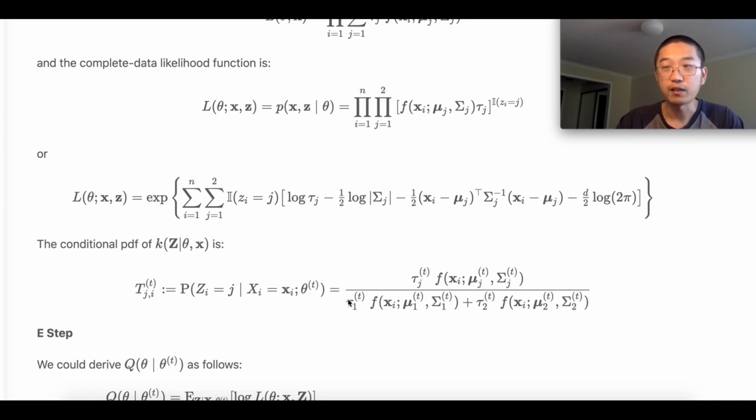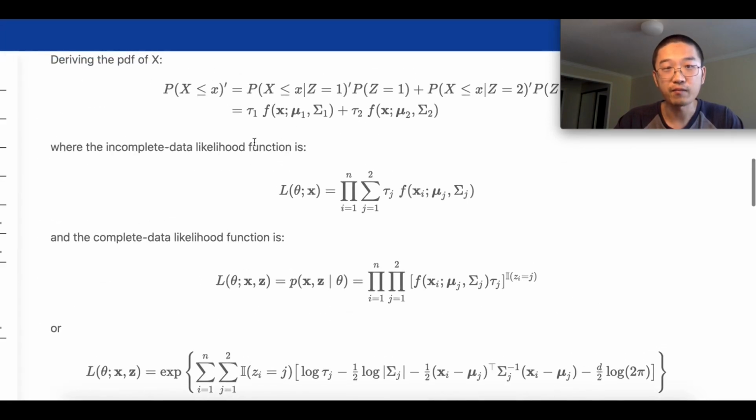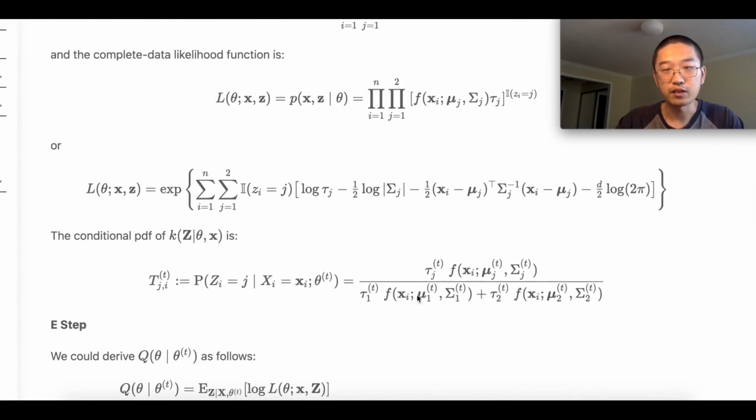Divide by the probability of Xi equal to xi and theta equal to theta t. And this is the incomplete likelihood, the incomplete joint PDF, which is the function g. So we already have that in here. The function g is here.